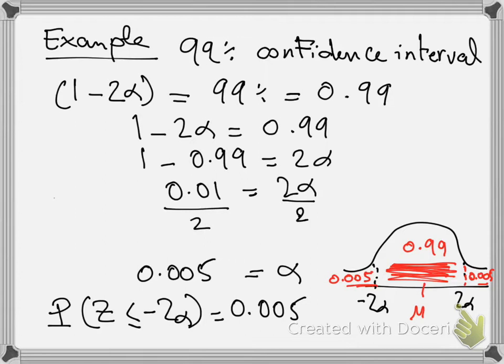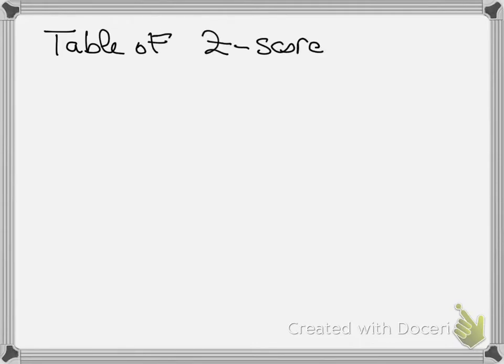So what will be the corresponding minus Z alpha? Here's minus Z alpha. If you check the table of the Z-score, minus Z alpha is approximately minus 2.58.